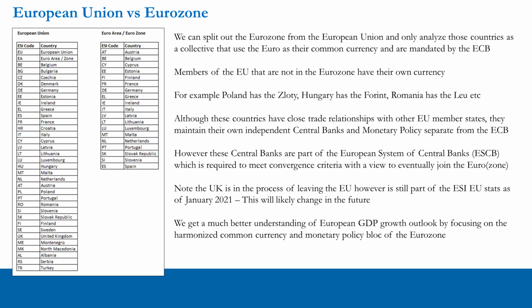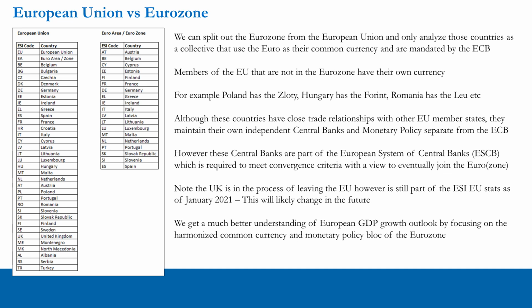Members of the European Union that are not in the Eurozone have their own currency. For example, Poland has the zloty, Hungary has the forint, and Romania has the leu. Although these countries have close trade relationships with the other European Union states, they maintain their own independent central banks and monetary policy that is separate from the European Central Bank.